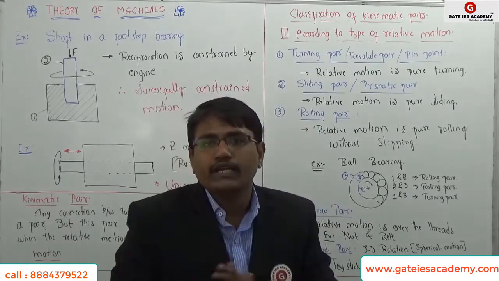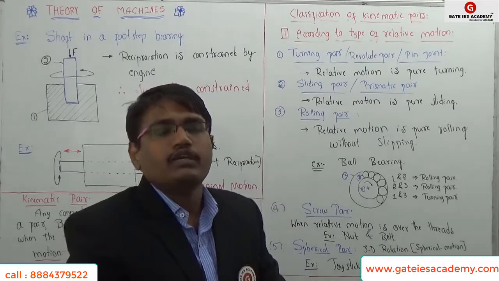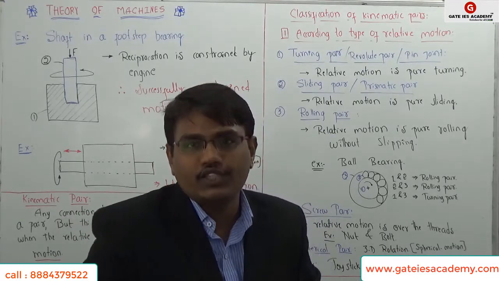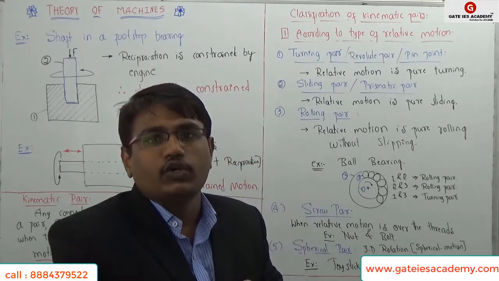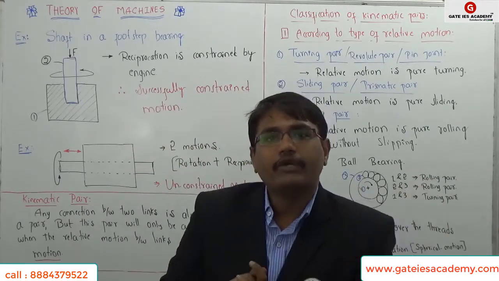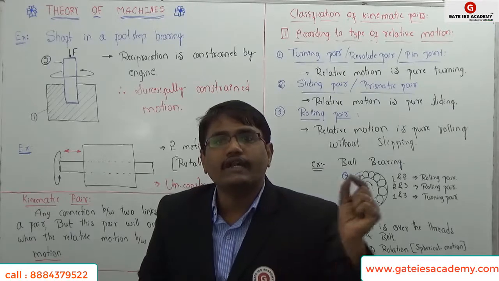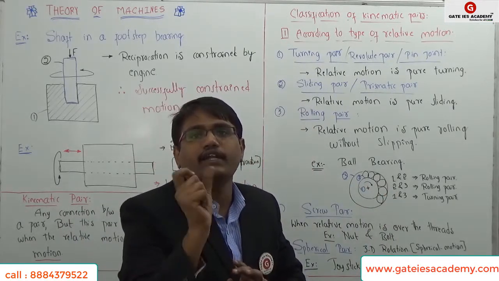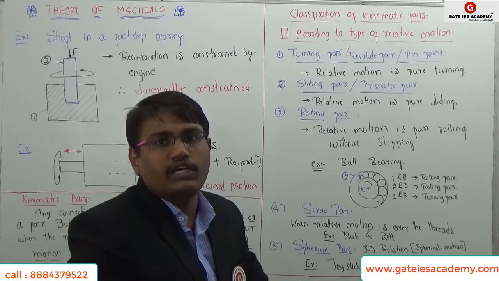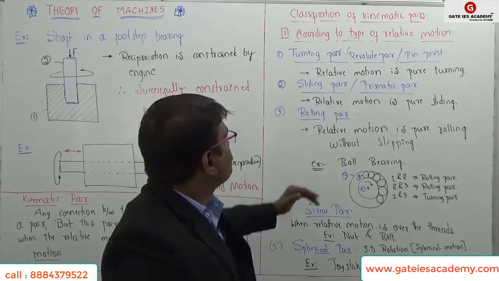An example that you can take is the door hinges, the door which is moving, right? Rotating, because it is hinged at a point, right? So there is only a turning pair, hinge, latch, right?